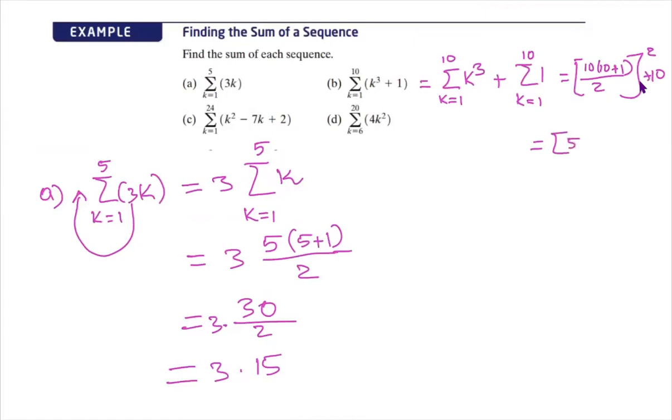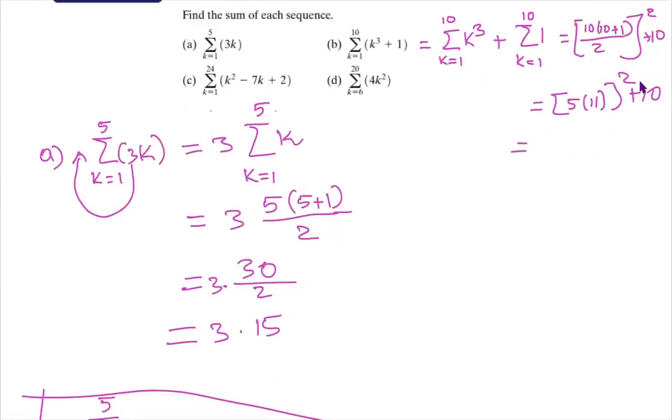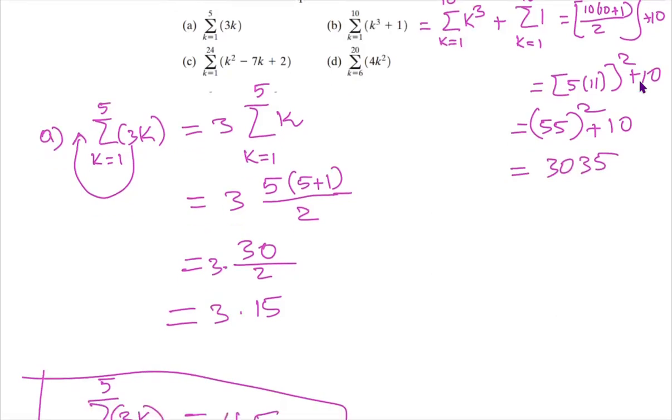I divide the first 10 by 2, so that is 5 times 11, squared, plus 10. So that is 55 squared plus 10. That's 3,035. So that's B. C.